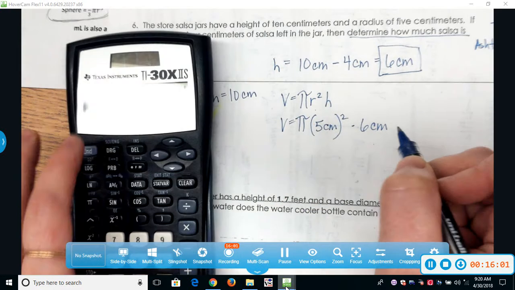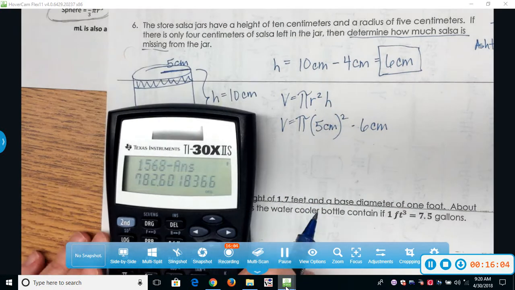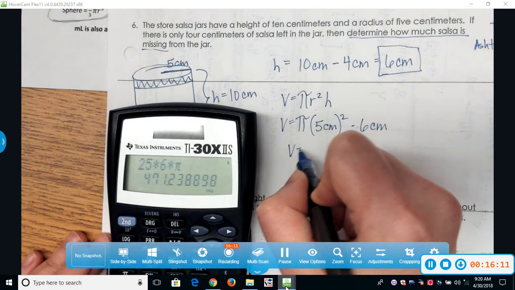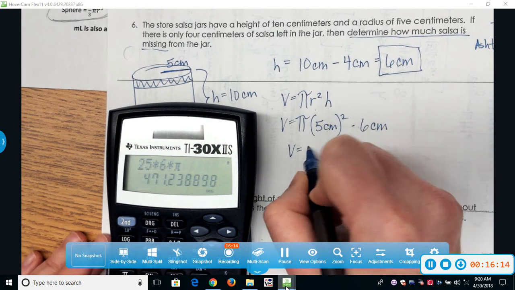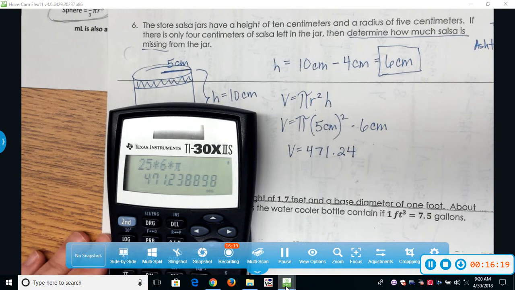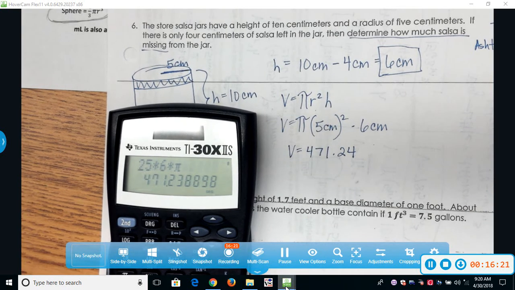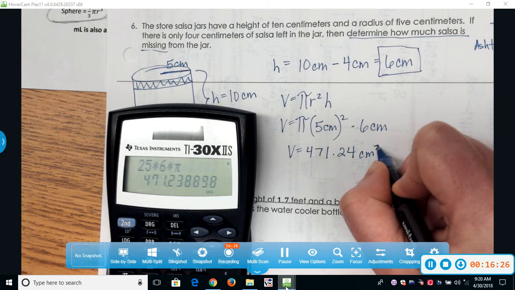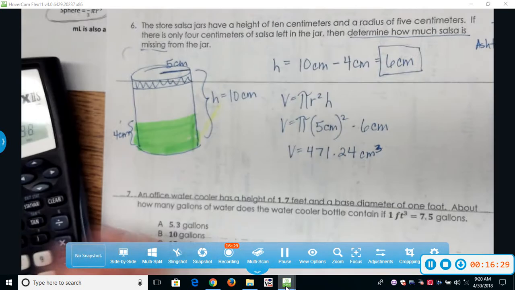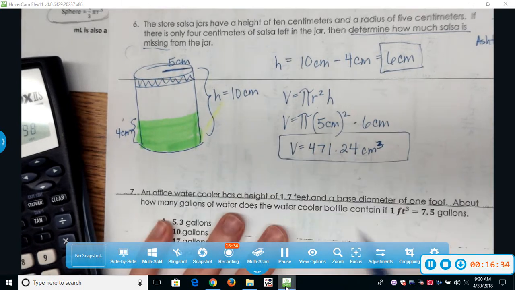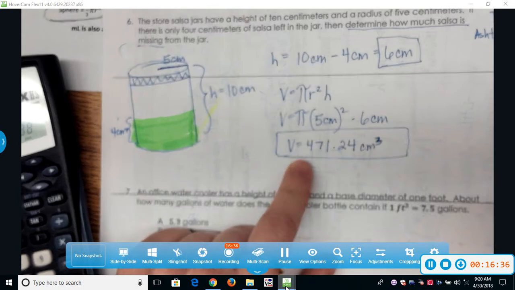So plug that in. 25, that's 5 squared, times pi. All right, they didn't tell me how many decimals to use. I like to default to 2. So if they don't specify, I do 2. So that's how much space there is in the jar.